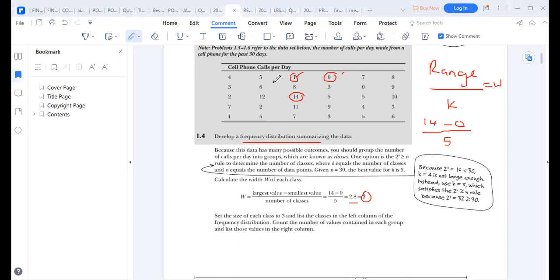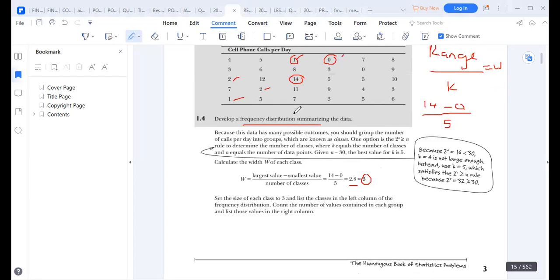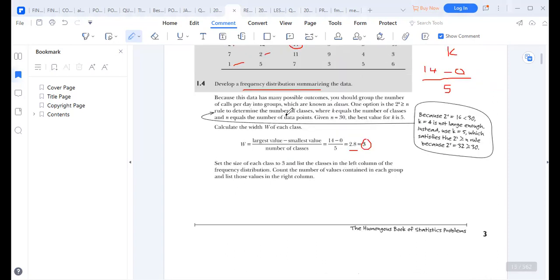We're talking about 0 to 2: 1, 2, 3, 4, 5. Right. So 1, 2, 3, 4, 5, 6.